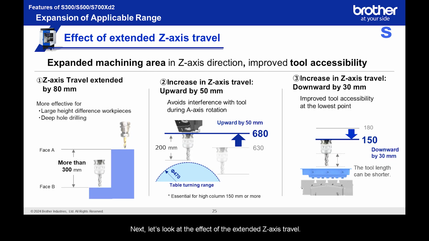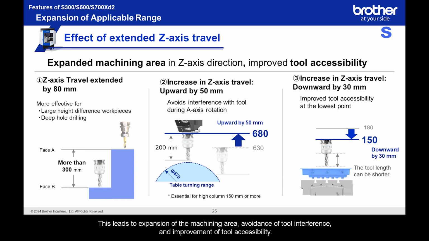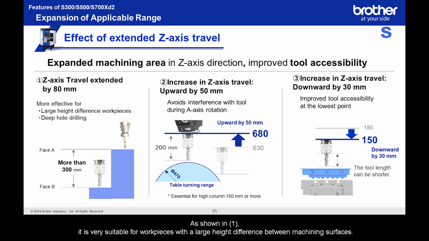Next, let's look at the effect of the extended Z-axis travel. This leads to expansion of the machining area, avoidance of tool interference, and improvement of tool accessibility. As shown in 1, it is very suitable for workpieces with a large height difference between machining surfaces.